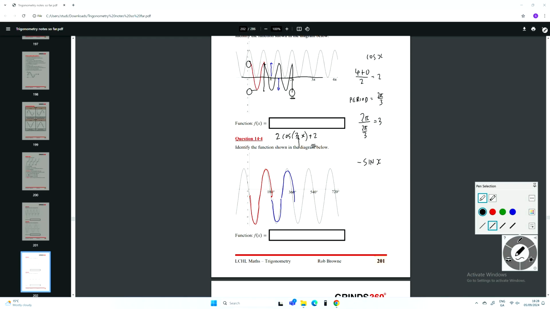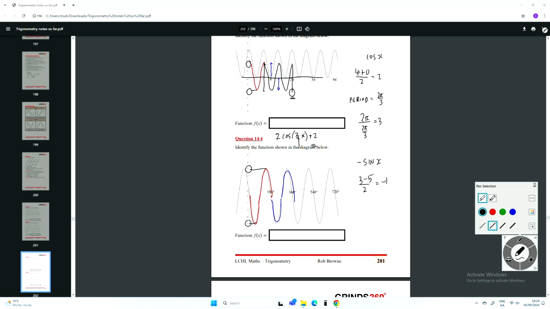So you've got one of each of the 4 basic shapes there in the question we've had a look at here. Again, let's find my center line first. So I know it's going to be a negative sine graph. You can see that the top value here is 3, and the bottom value here is minus 5. So if I work out the average of those, it's 3 minus 5, divided by 2, and you get minus 1.